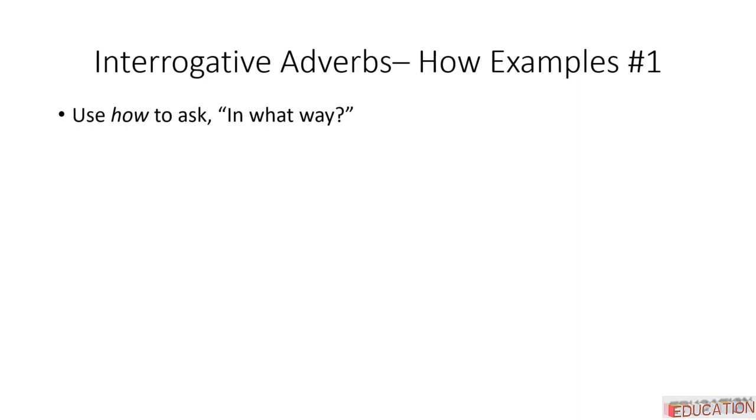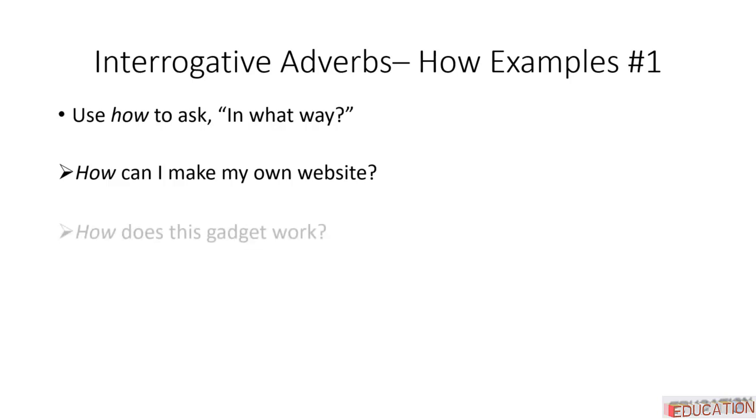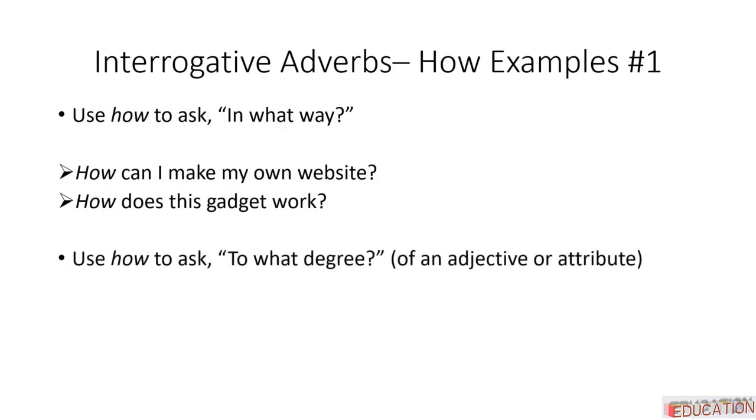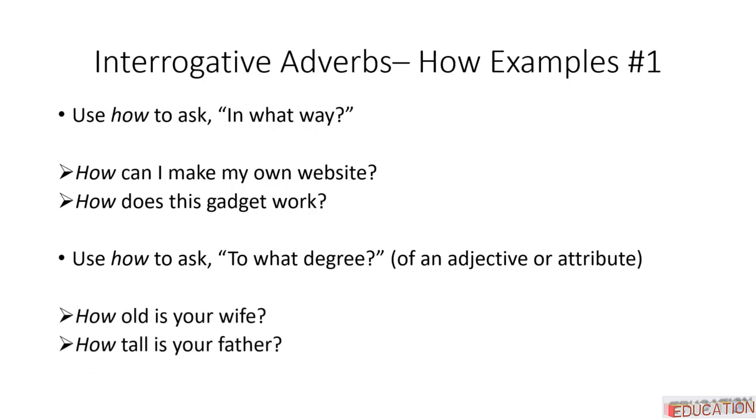So using how to ask in what way. How can I make my own website? How does this gadget work? Or being used to ask to what degree of an attribute or an adjective. How old is your wife? How tall is your father?